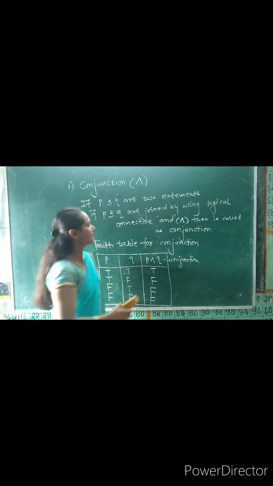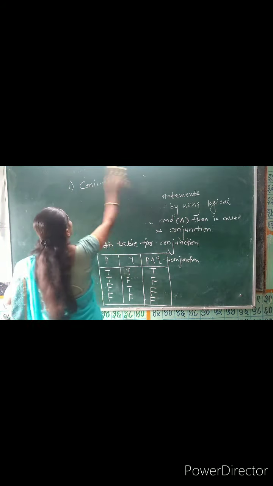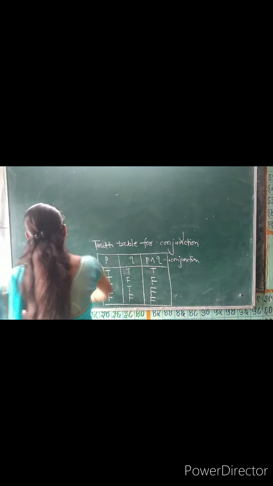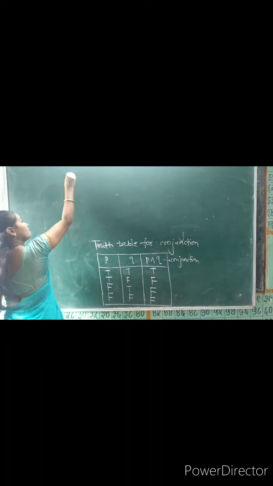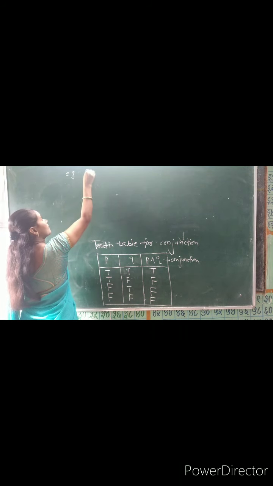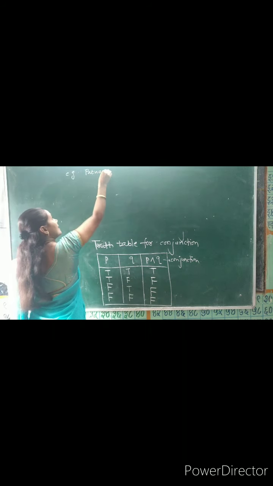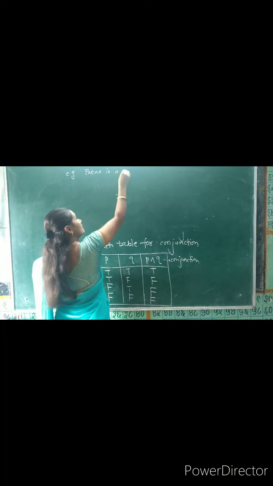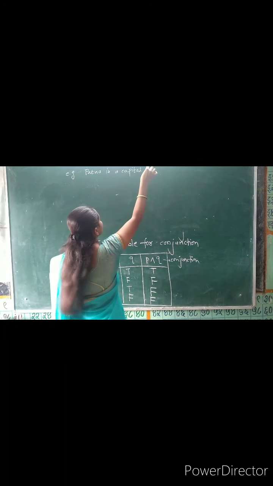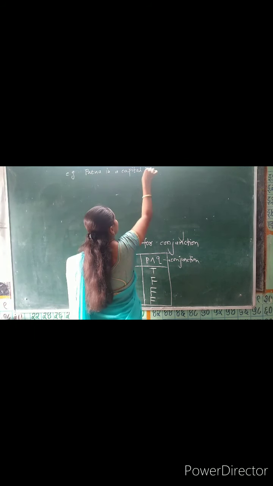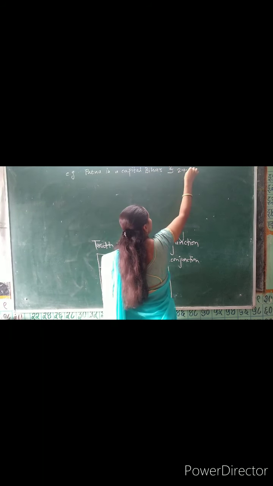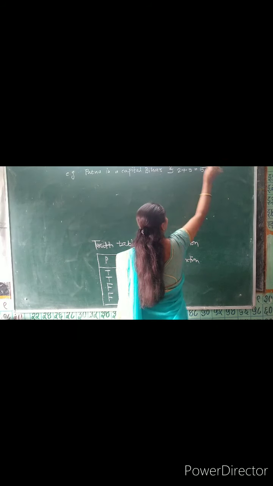Now we will see an example. Patna is a capital of Bihar, and 2 plus 3 is equal to 5.